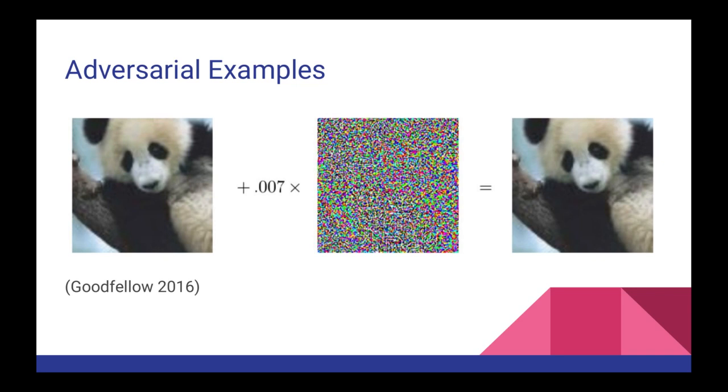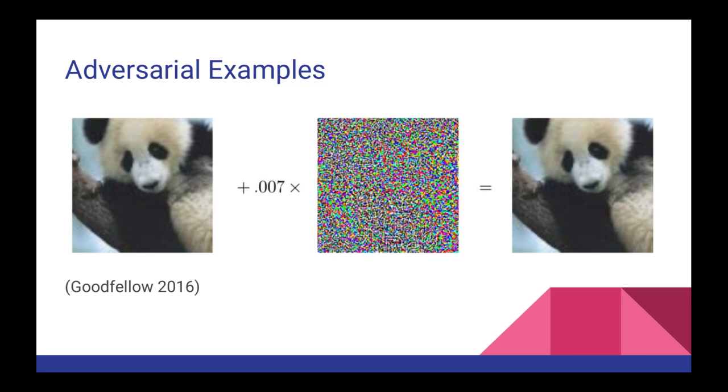Now, what are adversarial examples? In the domain of image classification, an adversarial example is an input to a classifier which is intentionally perturbed to fool the classifier, to make the classifier make a mistake.